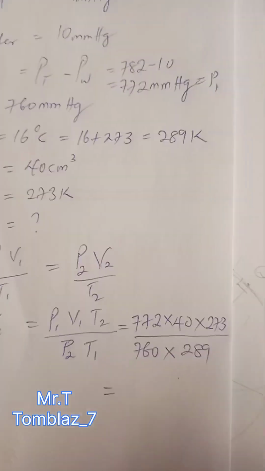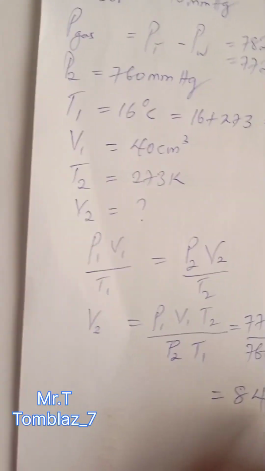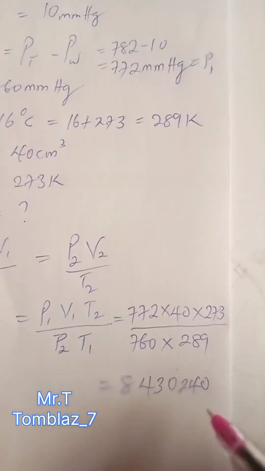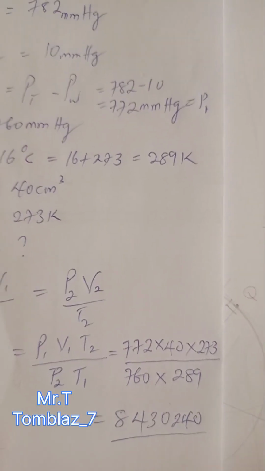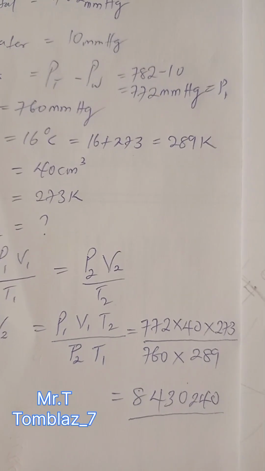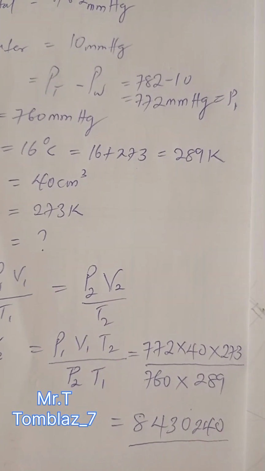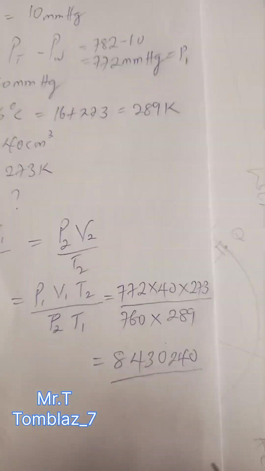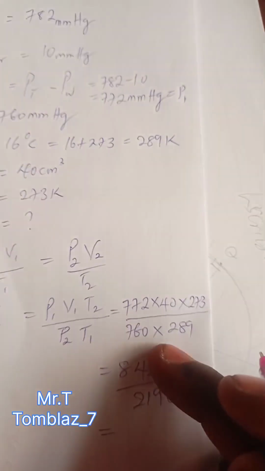So we're going to have 8430240. Now the denominator: 760 times 289. So we have 219640. So let's divide the numerator by the denominator now.